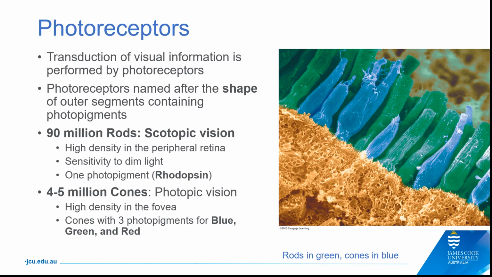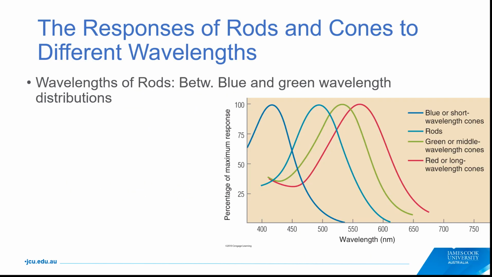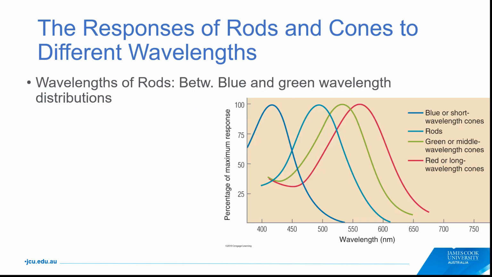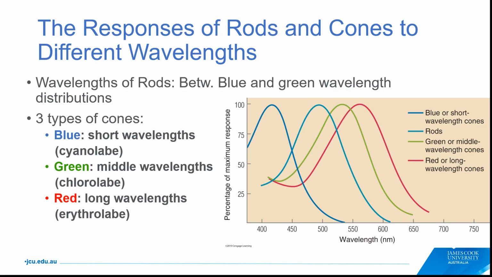The last part I want everybody to take note of is that we have 3 cones, 3 photopigments, for processing the 3 primary colors, red, green, blue. Here, from our textbook, are the responses of rods and responses of cones to different wavelengths. We have 3 types of cones, as said: blue, green and red. Just take note, they are all pretty much inverted quadratic in nature.